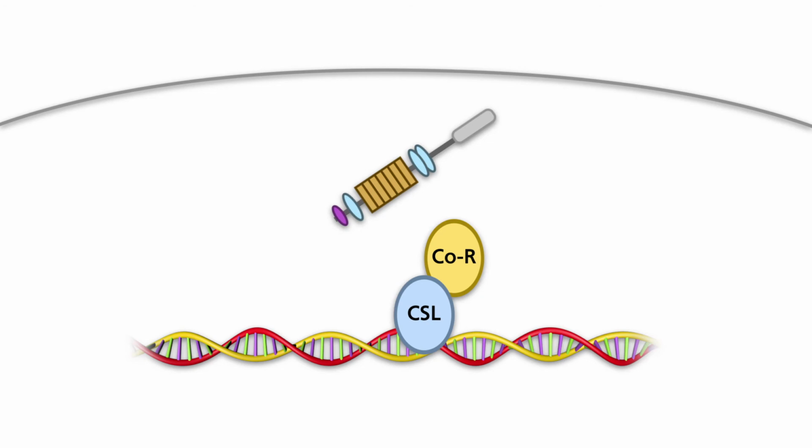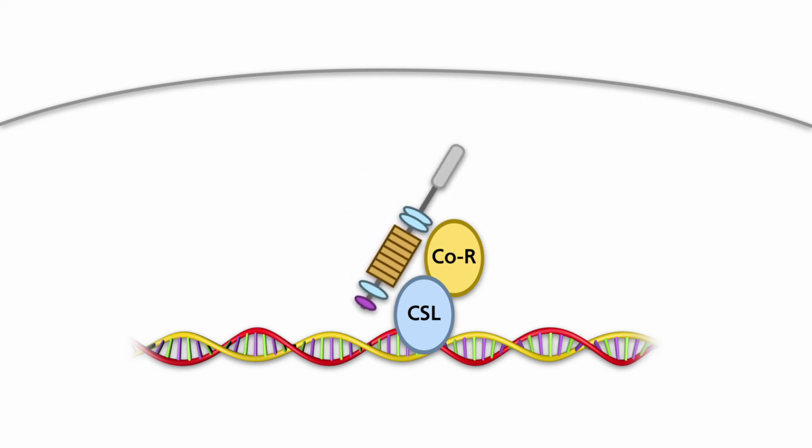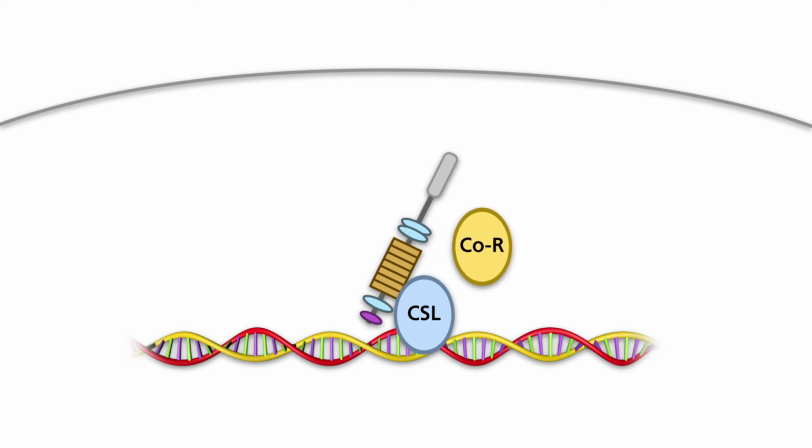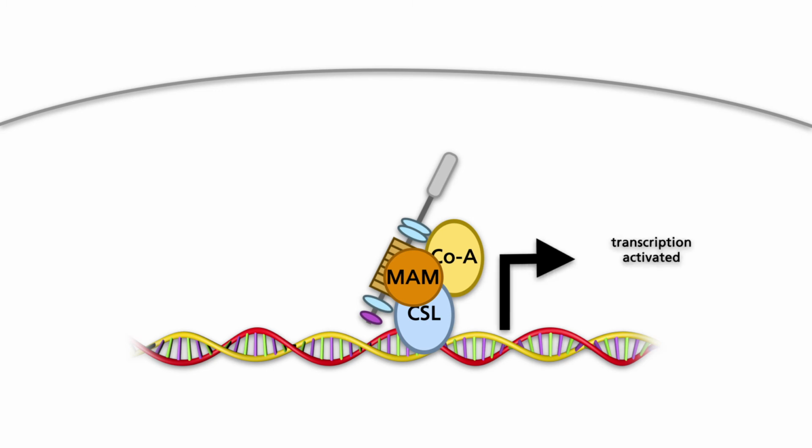Notch itself does not bind to DNA. Instead, Notch associates with CSL. Upon Notch binding, the co-repressor proteins are released from CSL. The complex of CSL and Notch binds the coactivator Mastermind, abbreviated MAM. After recruiting coactivators to the complex, the multiprotein complex induces the transcription of Notch target genes.